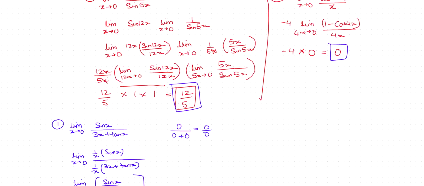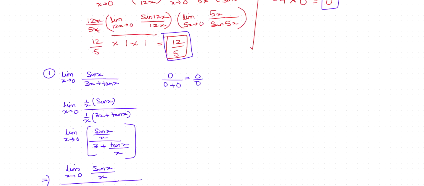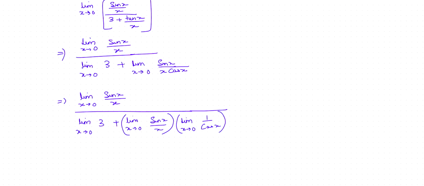So our numerator gives us 1, this gives us 3, and this is again 1, and cos of 0 is 1 when we substitute, so 1 over 1 is 1. Okay, so this gives 1 over 3 plus 1, which gives 1 over 4.